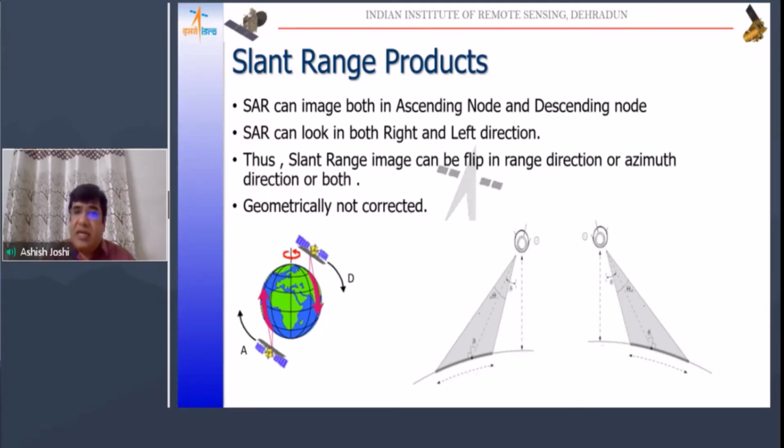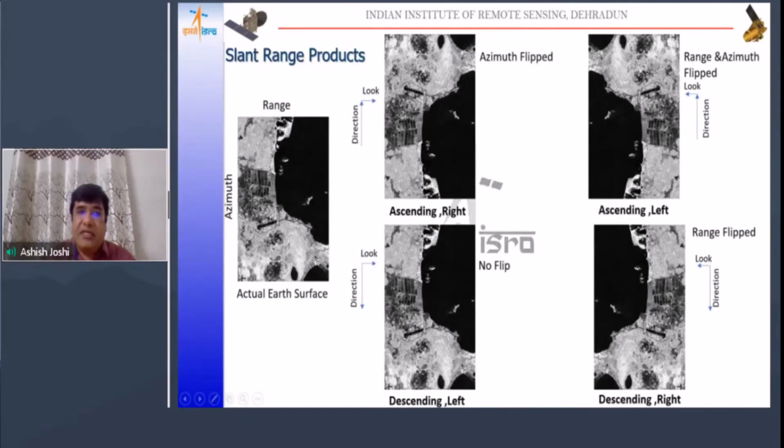Due to this, we have a lot of geometrical distortions in the image. If this is the original, actual earth surface, with the range and azimuth directions, then SAR can acquire this data in all possible combinations: ascending node right look, ascending node left look, descending node left look, and descending node right look.